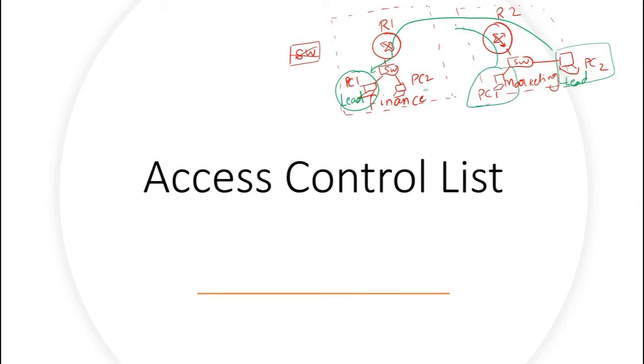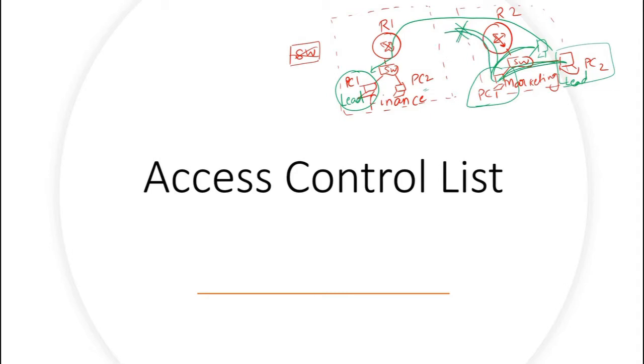So we don't want to give them access outside of our department. They can communicate with the lead or any other computers in their department, so this PC1, because this is a normal user, can communicate with this, but cannot communicate with the other departments.